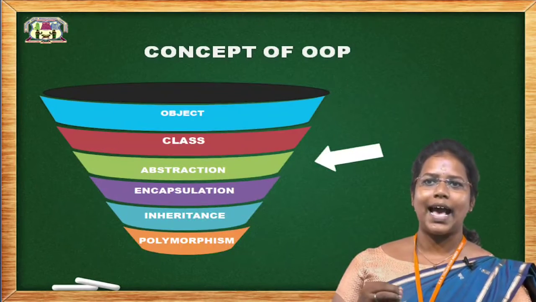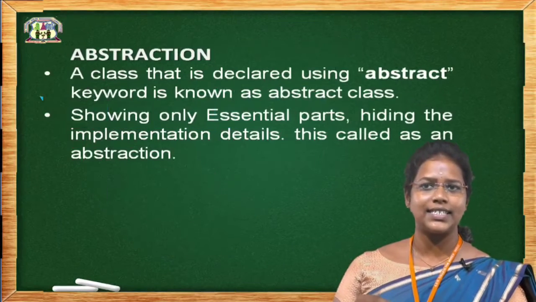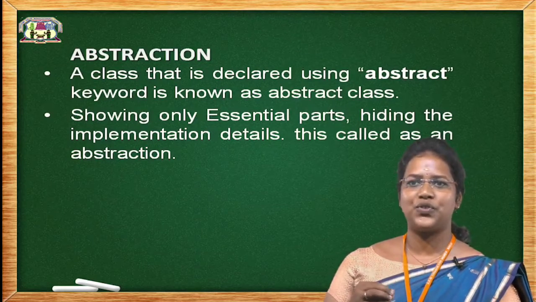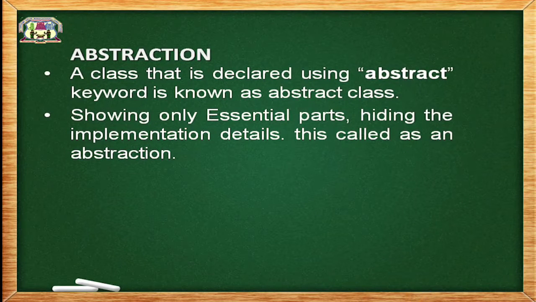Next one is abstraction. A class that is declared using the abstract keyword is known as an abstract class. It shows only the essential part, hiding the implementation details. The best example is an Android application.